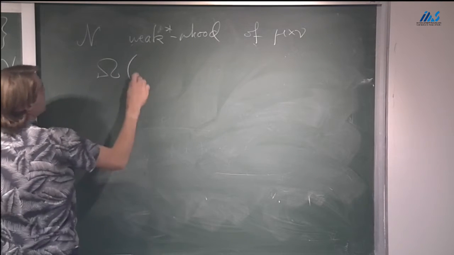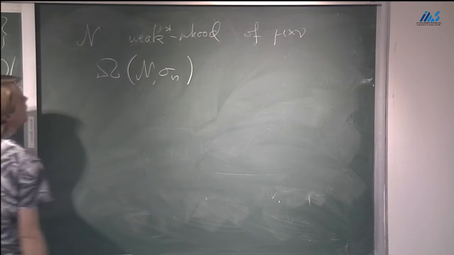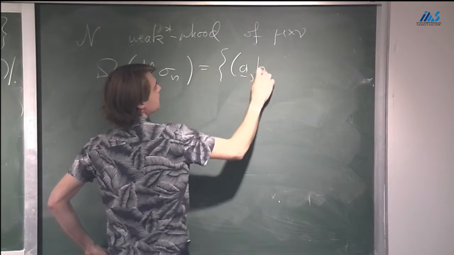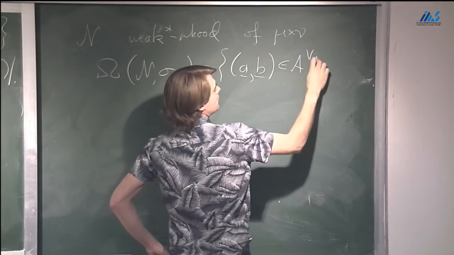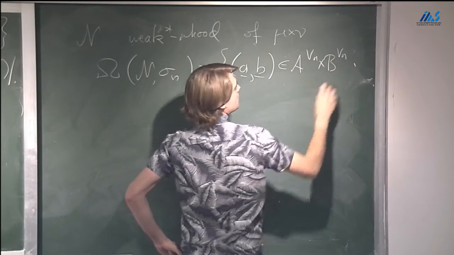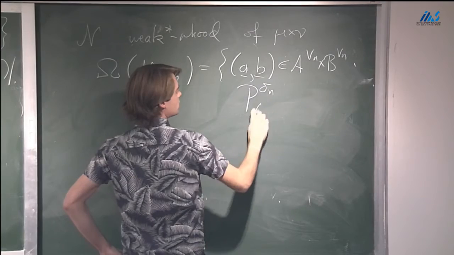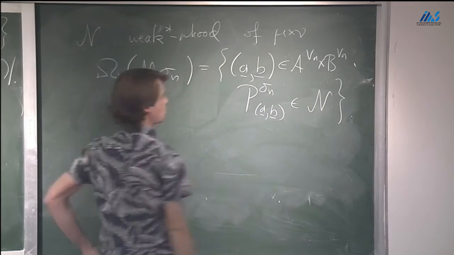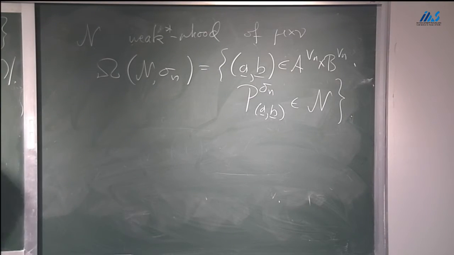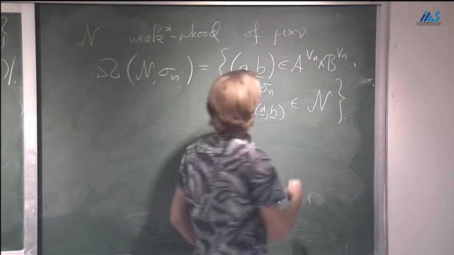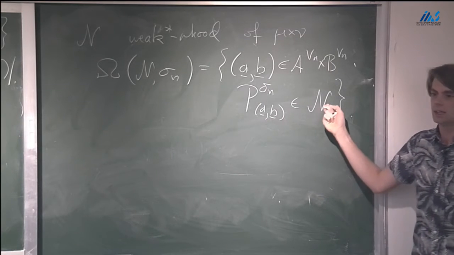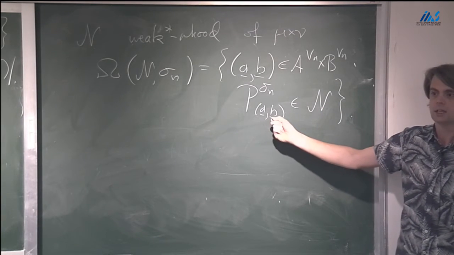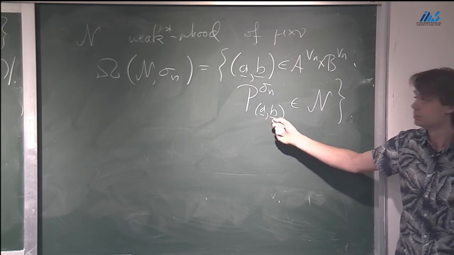So you look at omega of n sigma n, that's the pairs A, B in A to the Vn times B to the Vn, such that their empirical distribution is in n. The first thing is that if you have something whose empirical distribution for the whole pair is a good model for mu times nu, then A by itself had better be a good model for mu, and B by itself had better be a good model for nu.